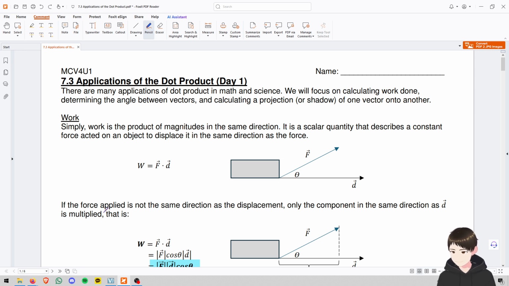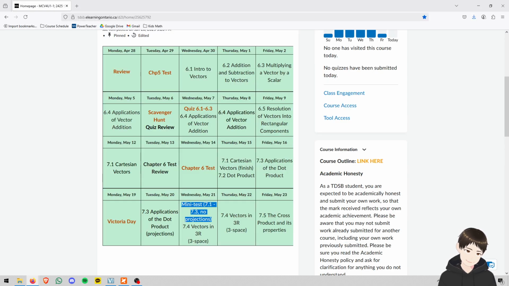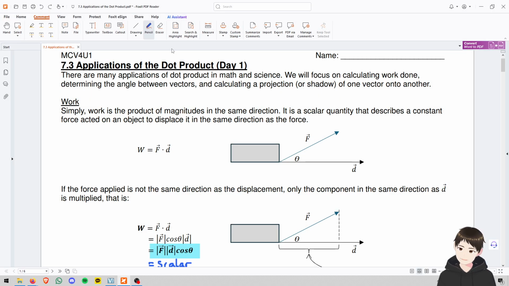How does that relate to our application? Work, you can define it as some kind of force applied in a specific direction. It is considered good work and not wasteful work. I know that sounds really weird, but let me try to explain by working through this idea.